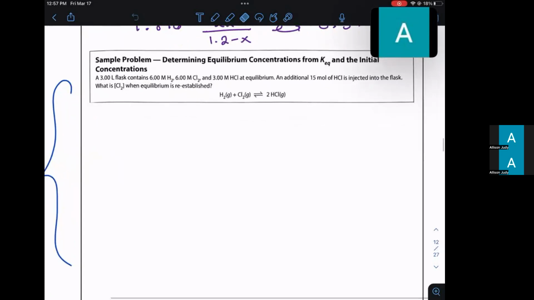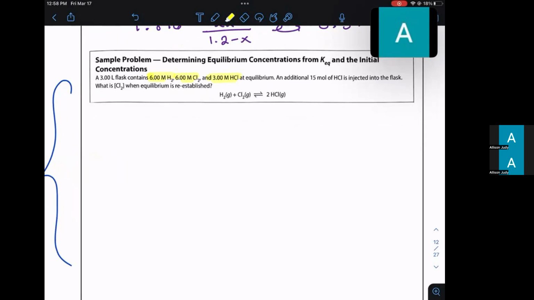What we know, because they give us these concentrations and they tell us that it is at equilibrium before the additional 15 moles is added, is basically the ratio of concentrations at equilibrium. We know what the KEQ value is, and we could calculate it.